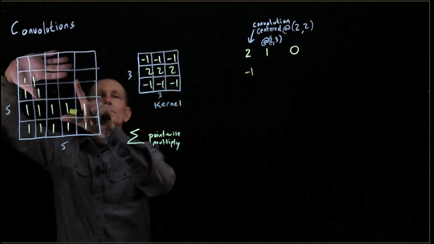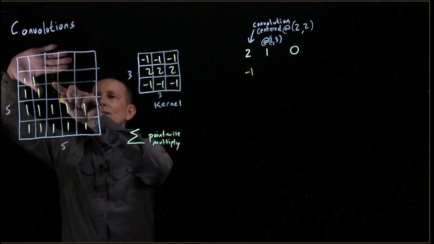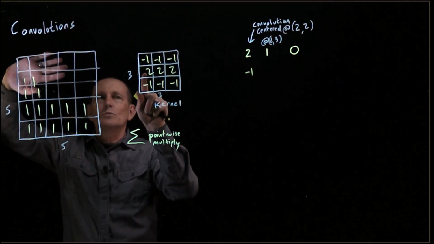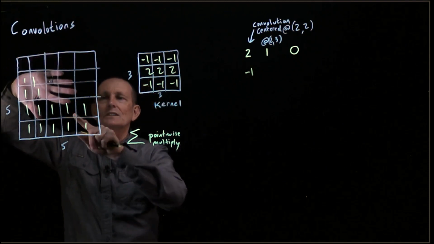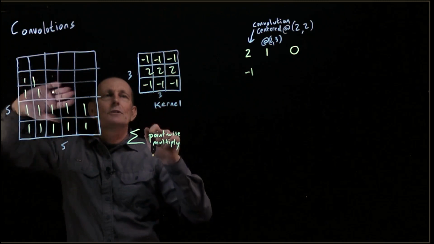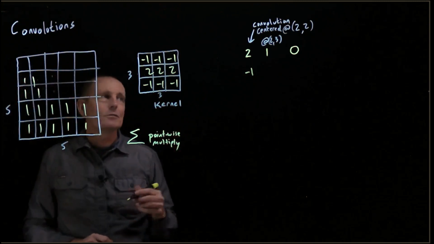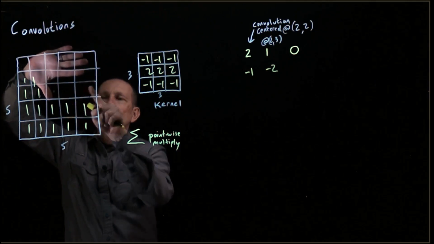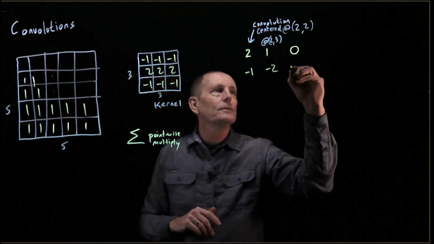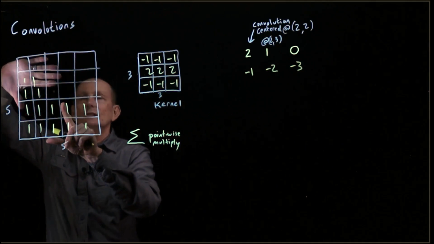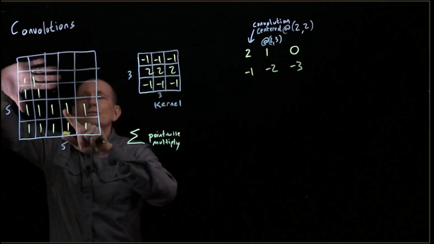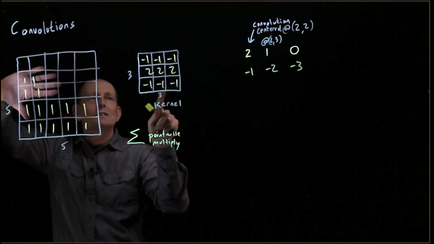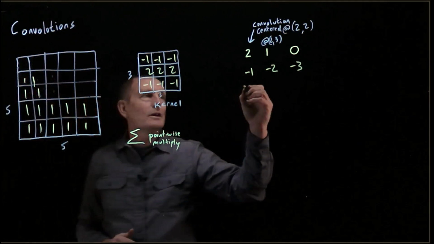And let's keep just going. These parts are going to give us 0. Negative 1 plus 2 is 1, plus negative 1, negative 1, negative 1, negative 3, is 1 plus negative 3 is negative 2. Here, zeros, zeros, negative 1s. Here, negative 1 is negative 2, plus 6 is 4, plus negative 3 is 1.